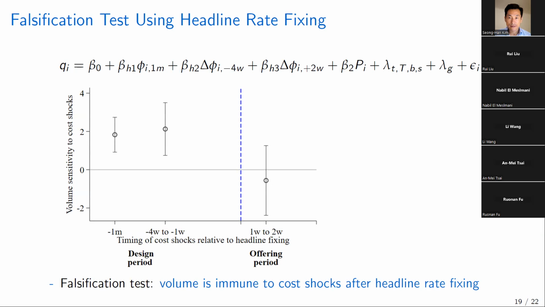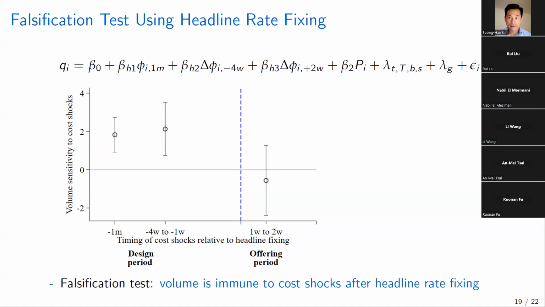So if I alter my demand elasticity regression, again regressing logged volume on fees with saturated fixed effects, but now I decompose the instrumented enhancement into the level of the pricing conditions 1 month before the start of the offering period, the change in the pricing conditions over the design period, and the change over the offering period.